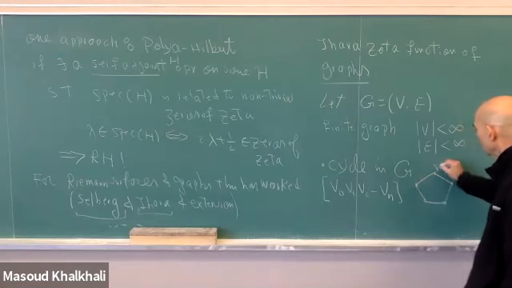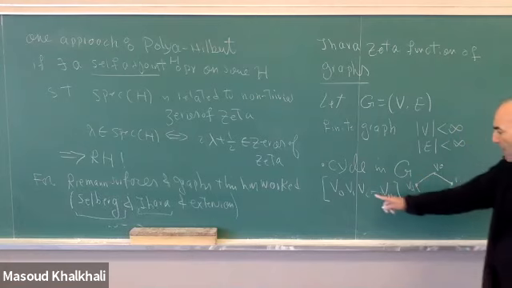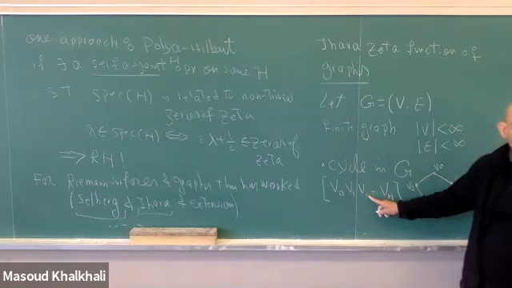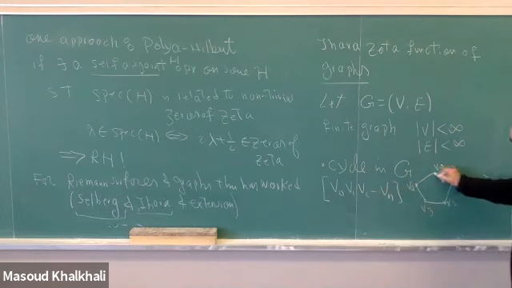So you start from some vertex V0, you go V1, V2, V3, V4, and you go back. But the thing is, there is no backtracking. You're not allowed to write V0, V1, then V1, V0 and go on from there again.